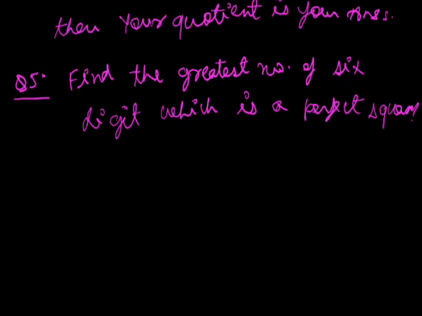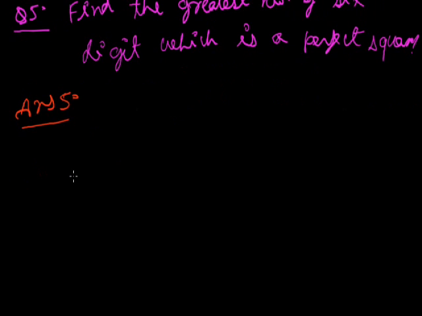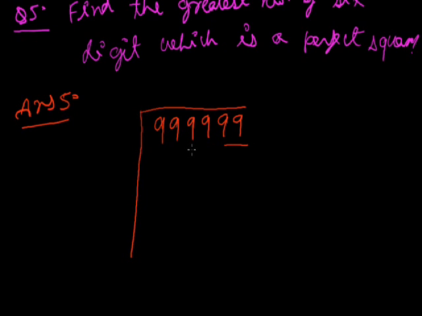So to start with this problem, first of all, write the greatest 6-digit number, which is writing 9s 6 times. Now find the square root of this number, make 2 pairs and start with the number of 9.